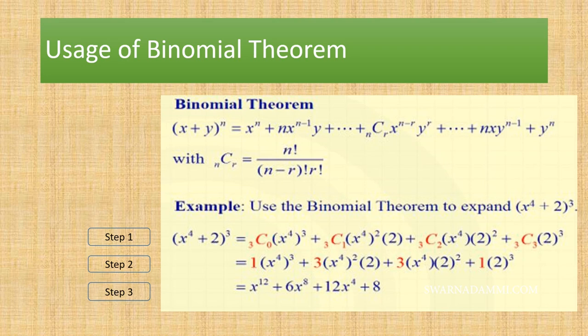You can see in step 2, 3C0 equals 1, (4^x)^3, plus 3C1, which after simplification gives 3, and (4^x)^2 times 2, plus 3C2, which we simplified as 3 using the nCr formula, then 4^x times 2^2, plus 3C3, which simplifies to 1.